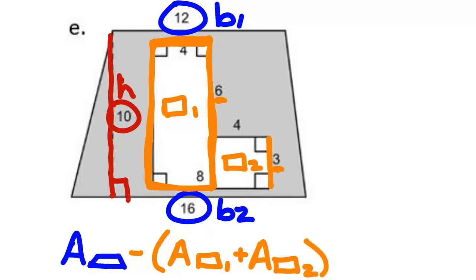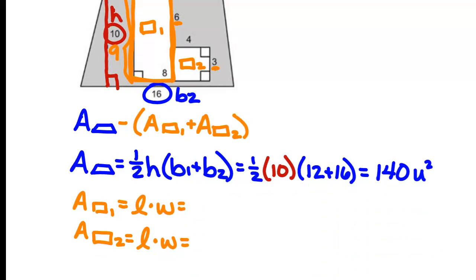We've got this bottom one, what we're calling rectangle 2. That has a height or a width or length or whatever you want to call it of 3 in a vertical distance here. And then from the top of rectangle 2 up to the top of rectangle 1, that's an additional 6 units. So that means this side over here has a measurement of 9.